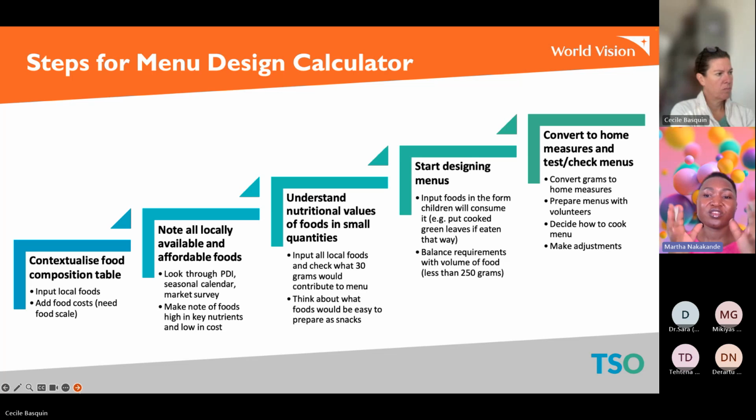After you've designed your menus, make sure that you convert the quantities into local measurements or local measures. And this, we've said, is done by you along with the volunteers. And then you decide on how you're going to cook, do pilots or testing of this meal that you have prepared, and make adjustments where needed. Always remember that the nutritional requirement is being followed. Next.